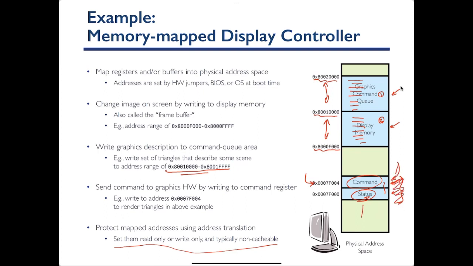Because the status, you also want to read it. You want to know what's the status of the device. But for the command, it's probably write only. You just write to that address to send the command to the device. You don't read it because reading happens by the device. The device is going to read that and do stuff that we don't know. So we don't want to read it. We just want to write to those addresses.